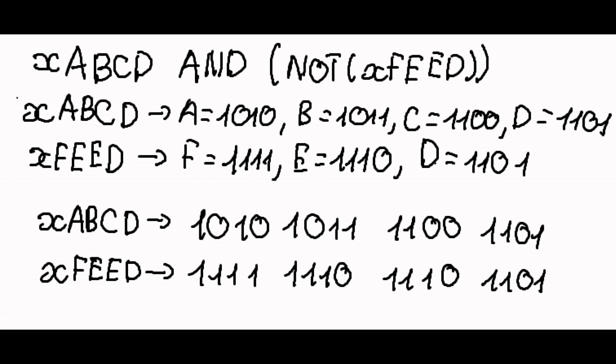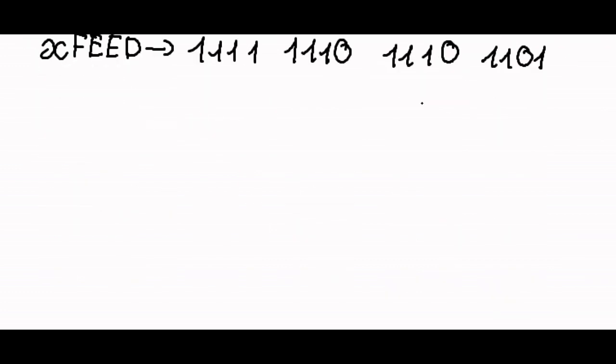Now that we have the binary representation, we could start with the operation. Let's start with the NOT operation, since it's in a bracket, so NOT FEED. And so, right, one NOT operation.